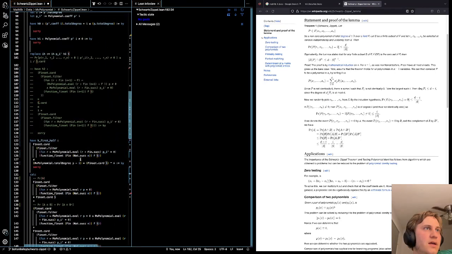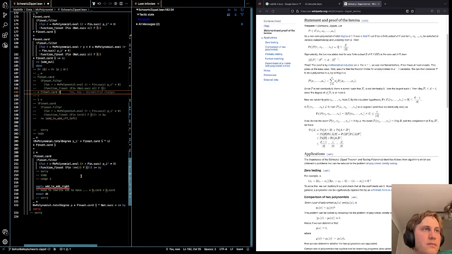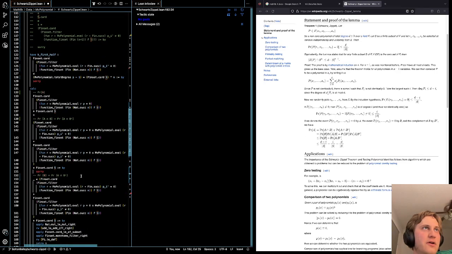But in my first half thing here, I refer to it as this. I wonder if you can have calc, like have underscore by calc. That would be a weird syntax.